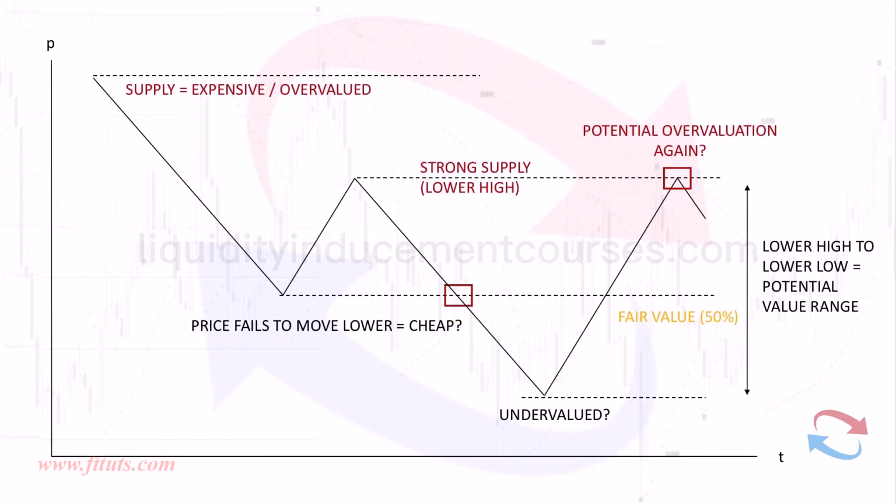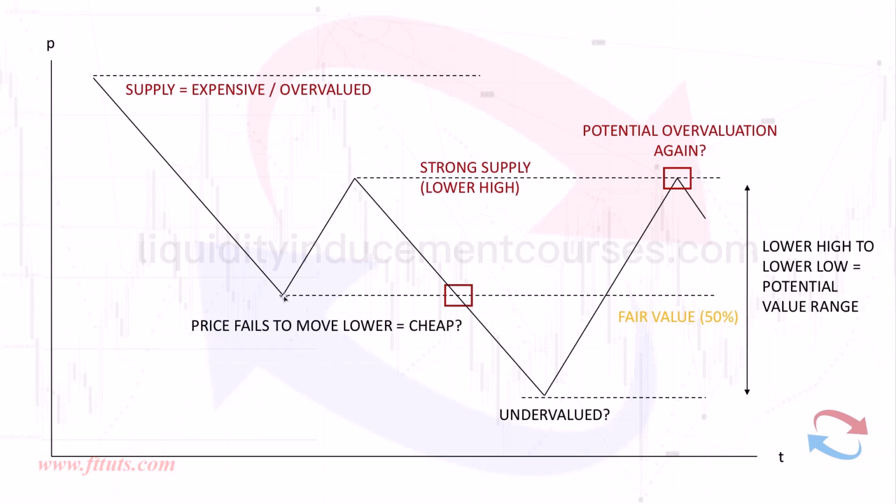So supply works in the opposite way to demand, but it also depends on whether you're buying the base currency or the quote currency. But if we were looking to short the base currency, then this is exactly what it would look like, where supply would represent an expensive or overvalued level. Traders looking to short.